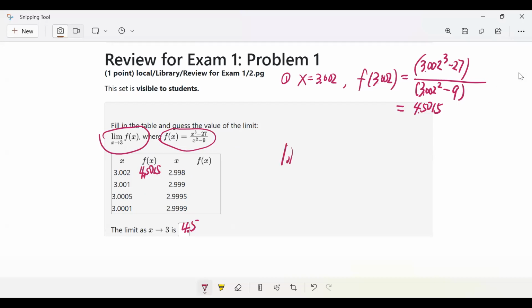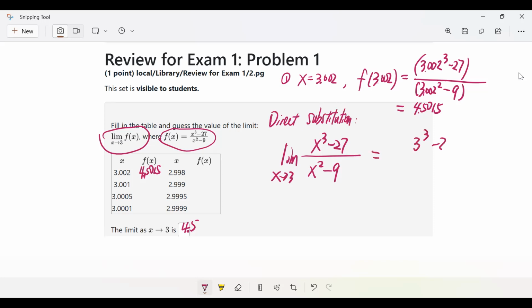Okay. If you do direct substitution here, what do you see? Let's try direct substitution on this over x squared minus 9. If 3 goes in, you get 3 cubed minus 27 over 3 squared minus 9.